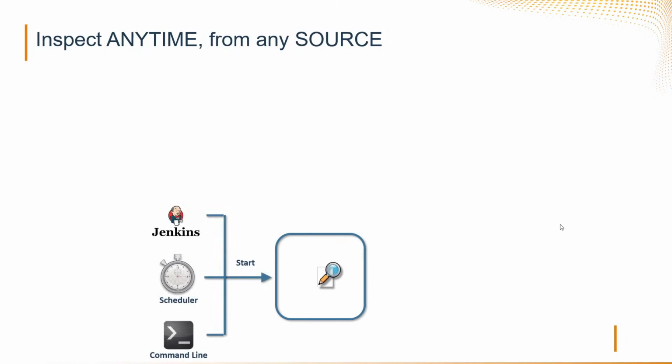This is how it would work. First of all, you have several options to trigger the code inspection. You can launch it manually, but most of the time you would schedule it to review the code on a regular basis, or you can call Visual Expert in command line, and in the case of a continuous integration process, you can integrate it with Jenkins.